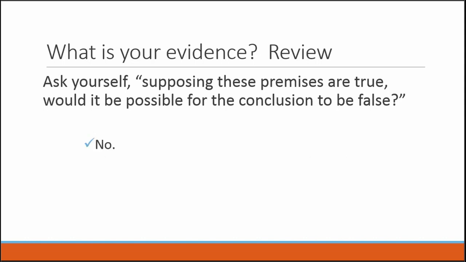If the answer is no, the conclusion could not be false if all the premises were true, then the argument is valid. Okay, so make sure you really understand that concept of validity, and if you don't, ask questions, come get help.